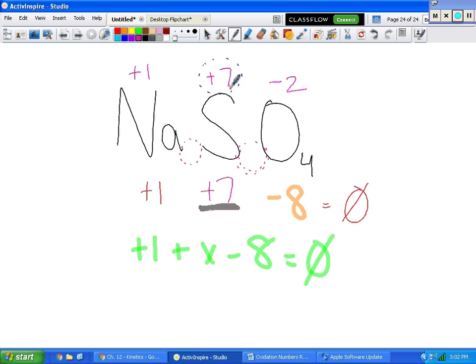Yeah, so 7 divided by 1 is 7. You come down on multiply, going up on divide. It's really simple, guys. Don't overcomplicate this. Don't overcomplicate it.